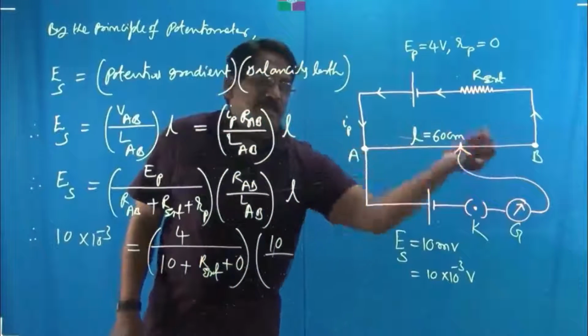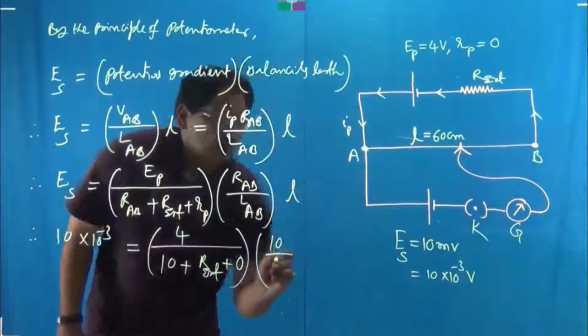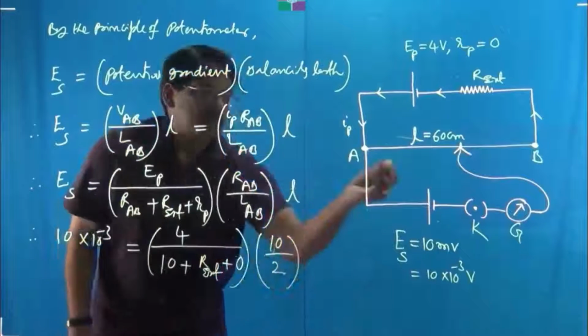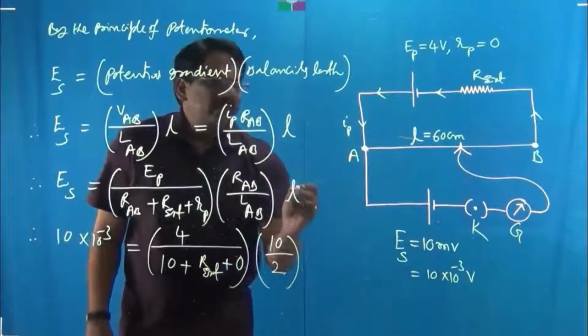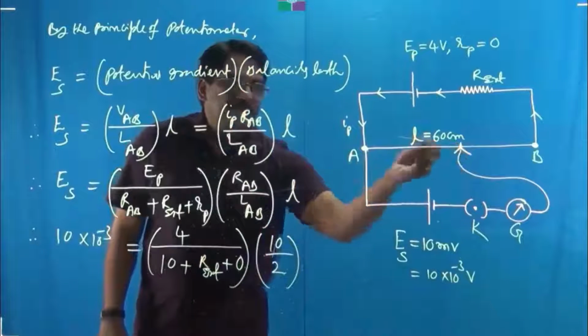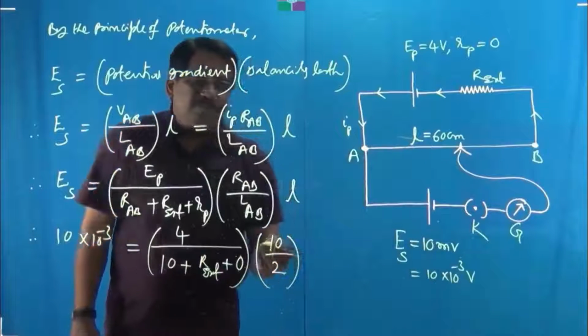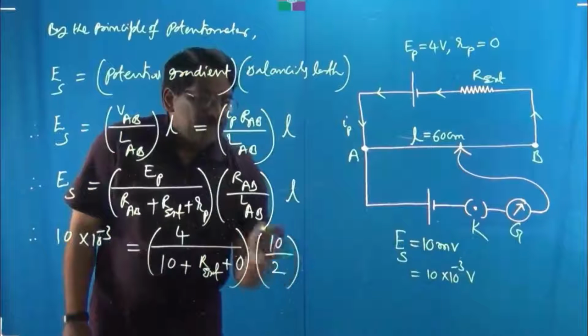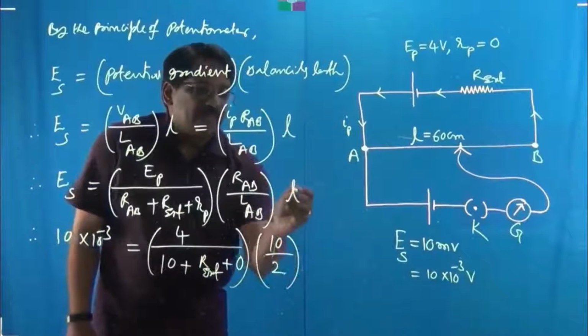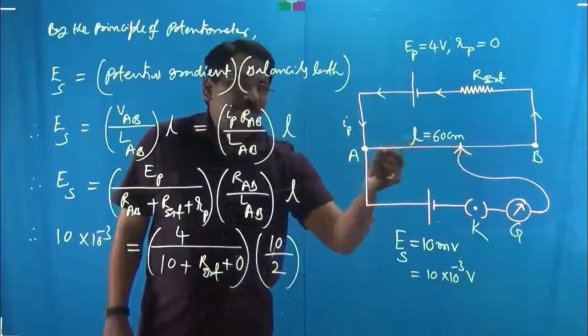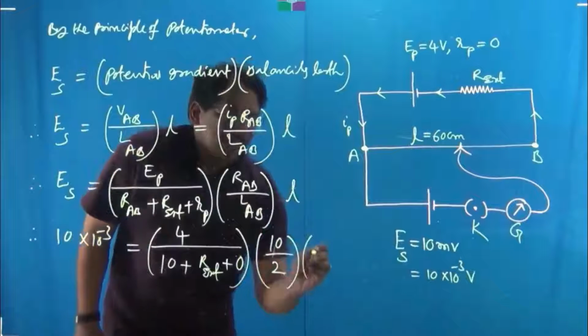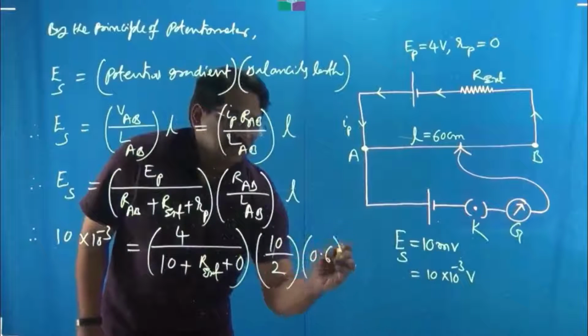Let's write it in meters, that is 2 meters. Here this length is 60 centimeters. Remember, if this length is taken in meters, the balancing length should also be taken in meters. So 60 centimeters, I am writing as 0.6 meters.